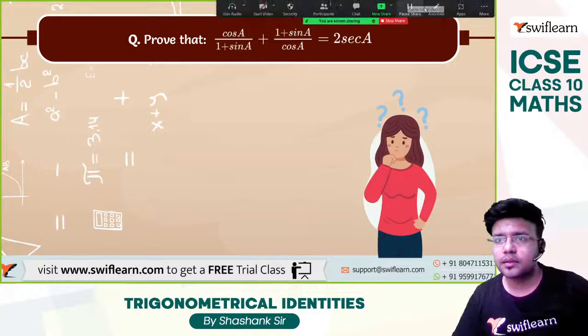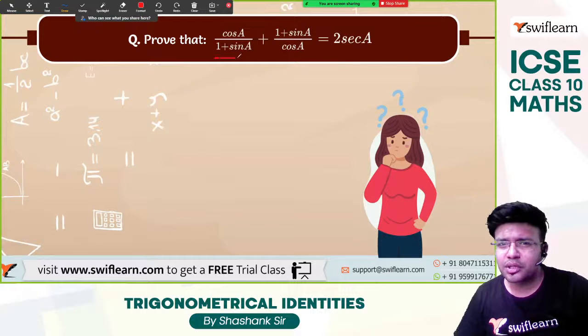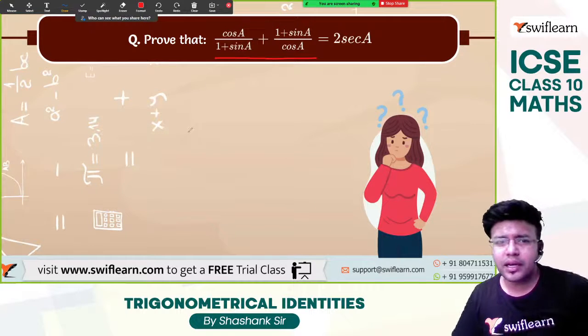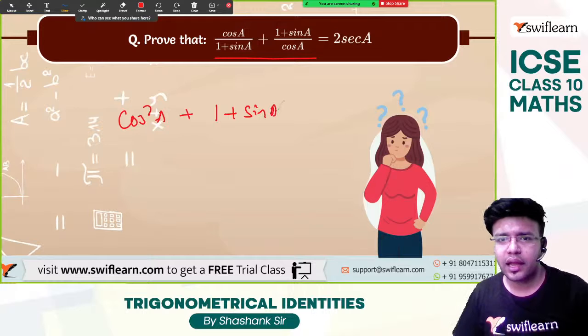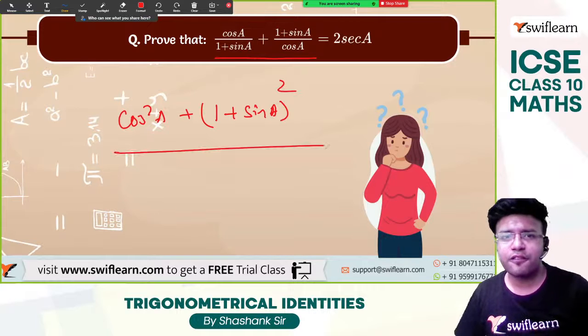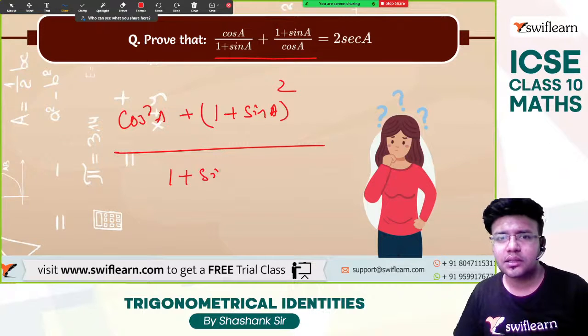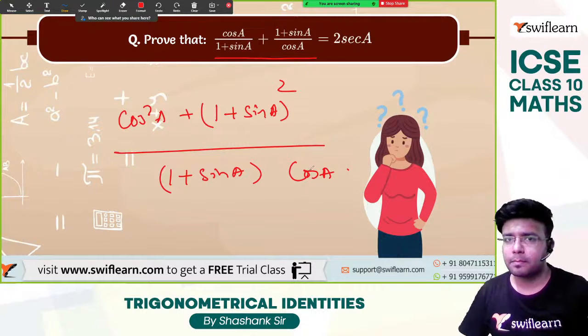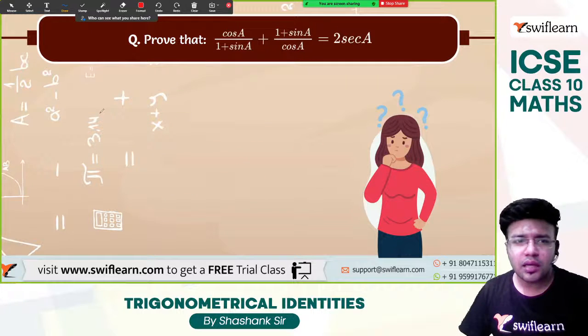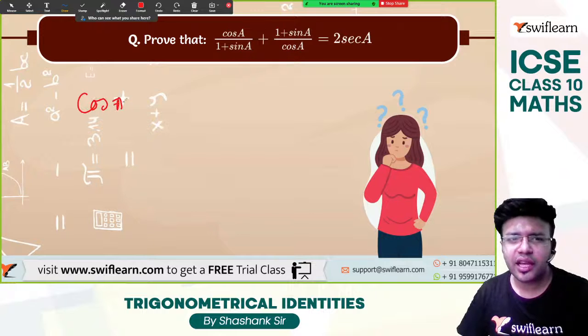The LCM is (1 plus sin A) into cos A. So this becomes cos square A plus (1 plus sin A) whole square divided by (1 plus sin A) into cos A.